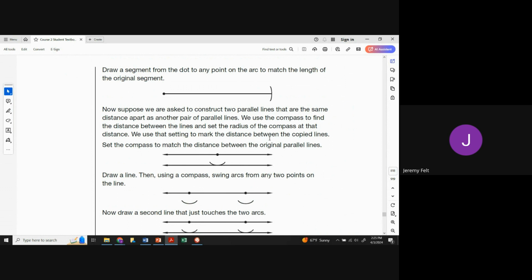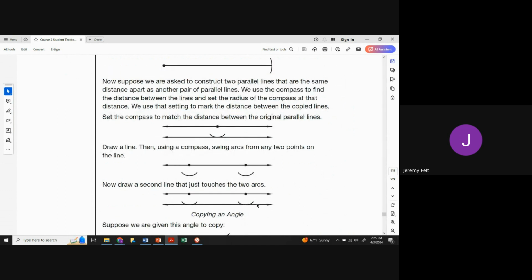We use a setting to mark the distance between the copied lines. Set the compass to match the distance between the original parallel lines. Draw a line, then use the compass to swing arcs from any 2 points. So just pick 2 points arbitrarily wherever we want. We swing the arc, make sure this distance is the same, and then draw a line through those two, and they're going to be parallel.